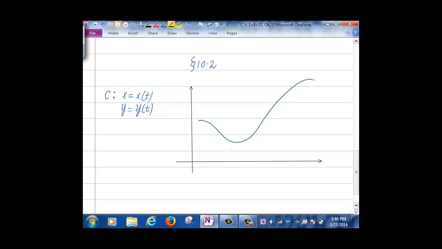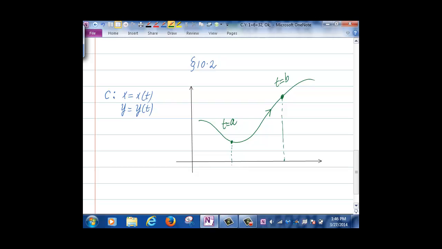I have a point here, and I have another point here. Let's say these 2 points are obtained at time t equals a and at time t equals b, and the curve is traced in this direction from a to b.